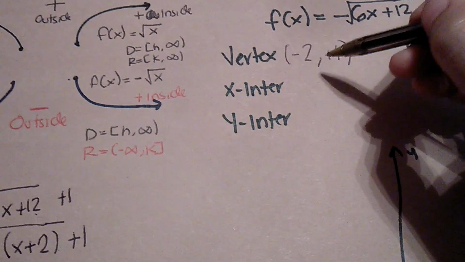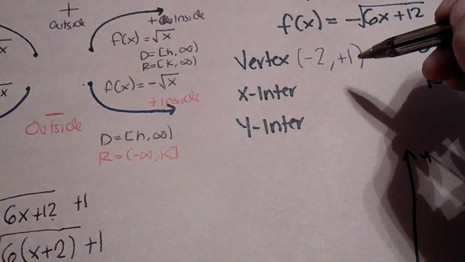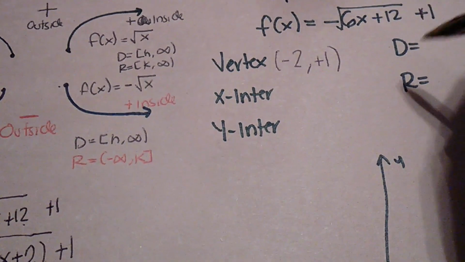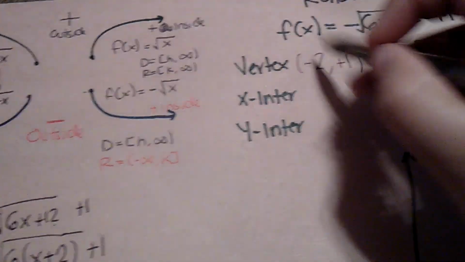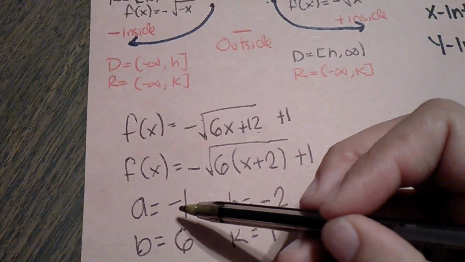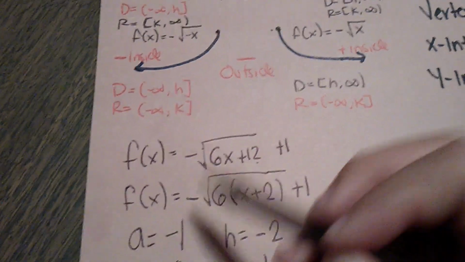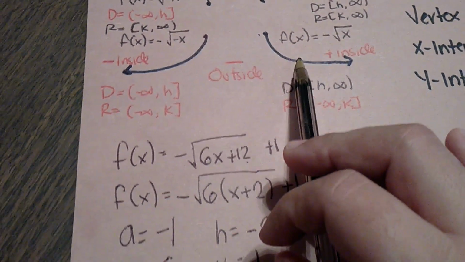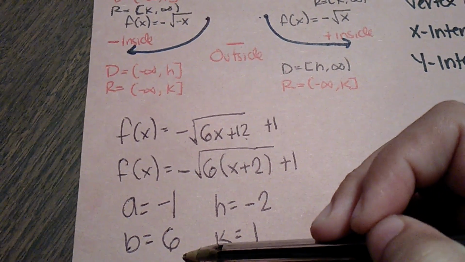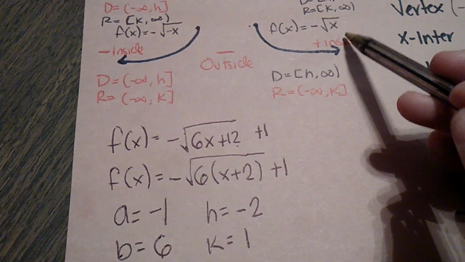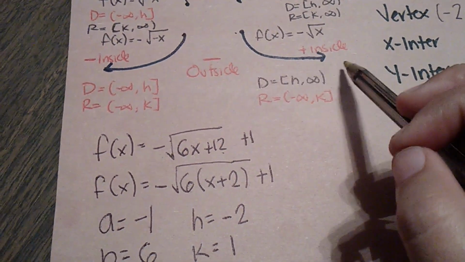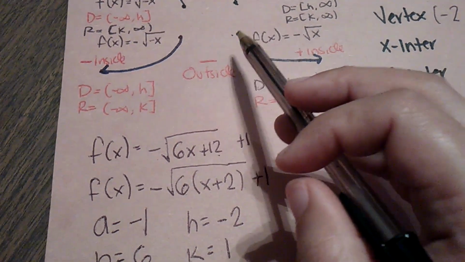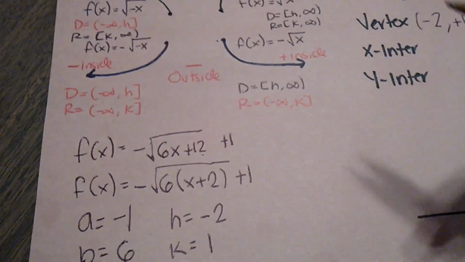So, first of all, what you need to do is to write domain and range. You need to find out whether you have minus outside, so you have one of these two options, and positive inside, so it's going to be this one, that it will open downwards, rightwards.